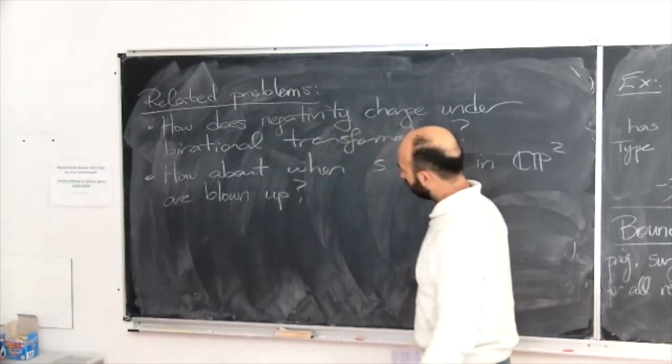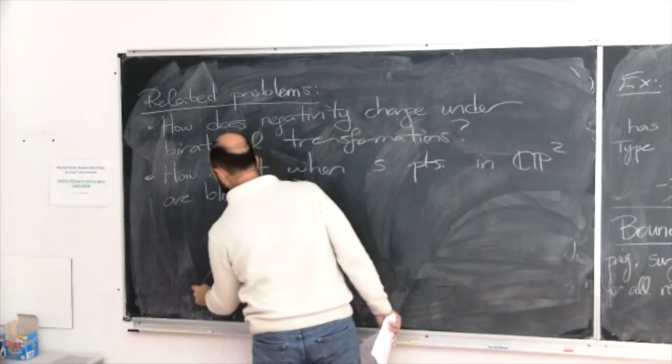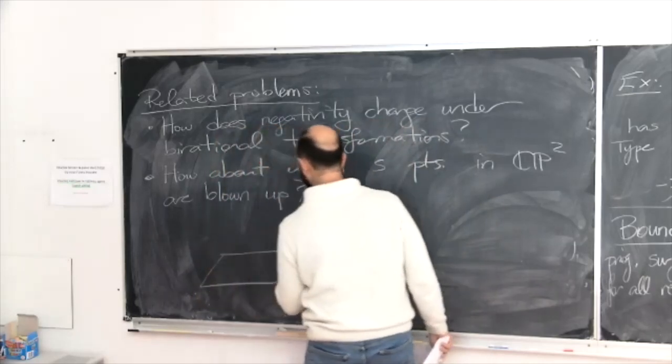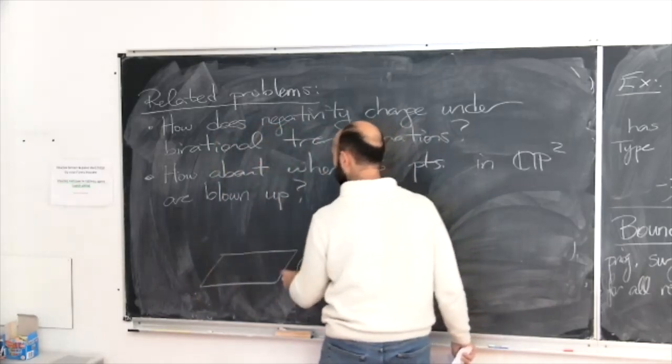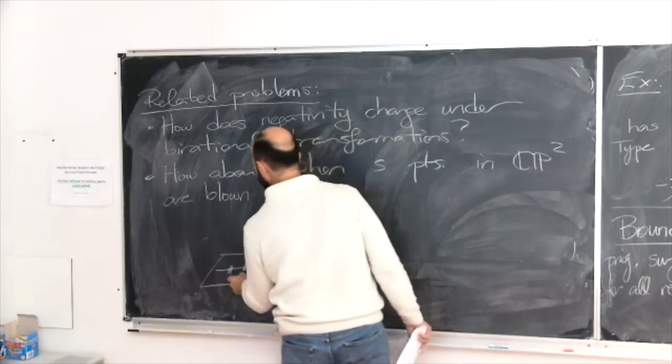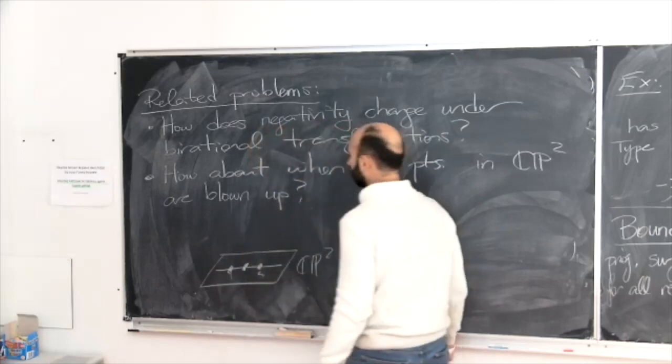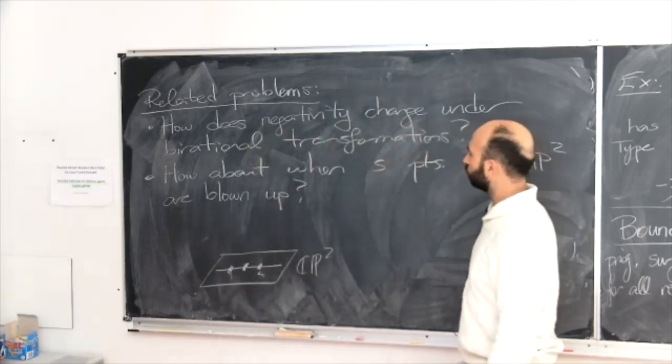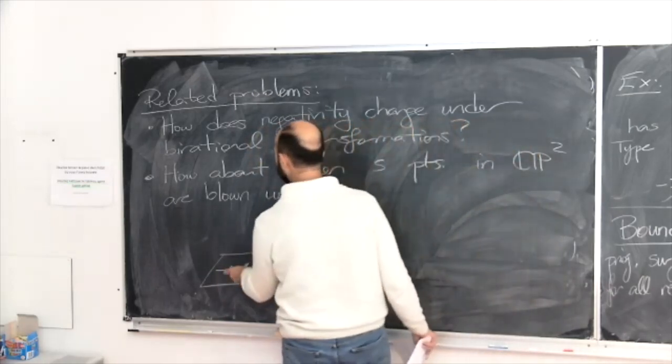One has to be a little bit careful when stating a problem like this because of these immediate examples. Suppose you choose your s points on a line in CP2, let's say, and you blow all of these points up at the same time.